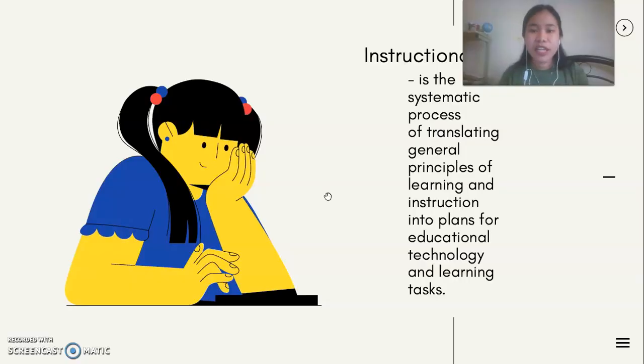Okay, let us define instructional design in a different way. So instructional design is the what? It's a systematic process of translating general principles of learning and instruction into plans for educational technology and learning tasks. Let's focus on this word, the translating of general principles of learning.